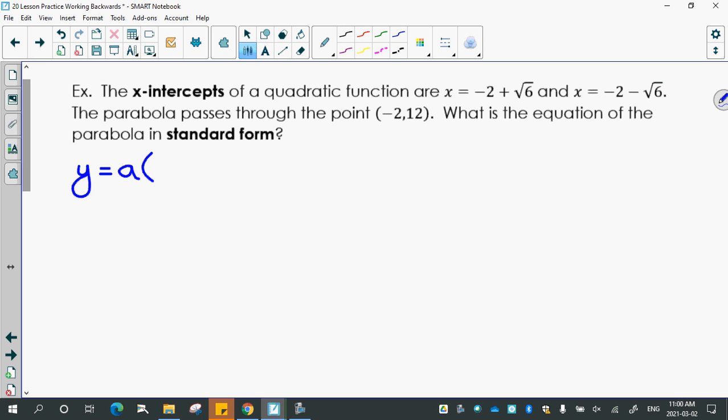Okay? y equals A times x minus (-2 plus root 6) times x minus (-2 minus root 6).